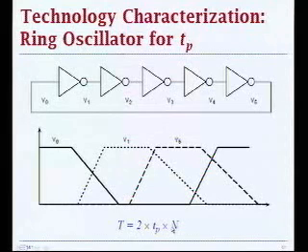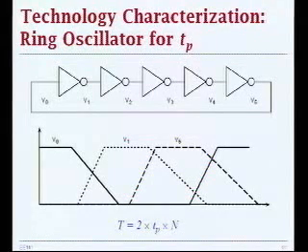In order for this experiment to work successfully, the total period has to be much greater than the rising and falling transitions, because you want to make sure that you have enough time for all the transitions to settle. Otherwise, you may dampen the oscillations and the oscillator may die out.